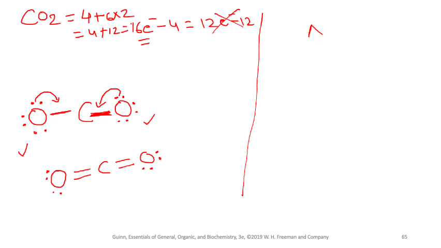Let's do an example for nitrogen, N2. Let's see how many electrons we have in nitrogen. Each nitrogen has 5 valence electrons, so 5 times 2, total of 10 electrons. Let's put one single bond between the nitrogens. Out of the 10 I use 2, now we are left with 8. So 1, 2, 3, 4, 5, 6, 7, 8. Right. So now each nitrogen has 6 electrons, right?